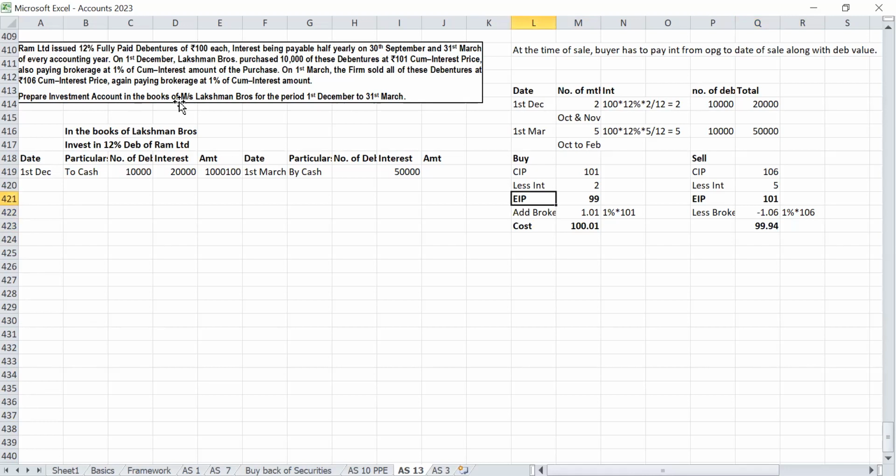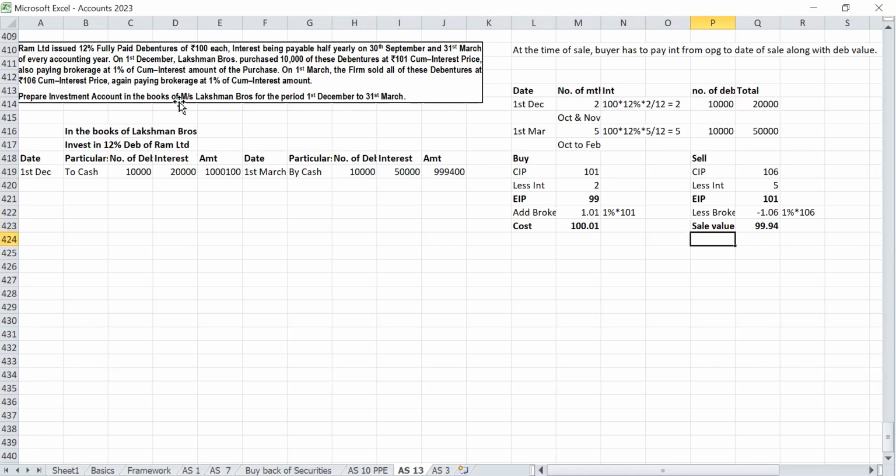So cash received will be 99.94 per debenture, for 10,000 debentures. This is the actual sale value.